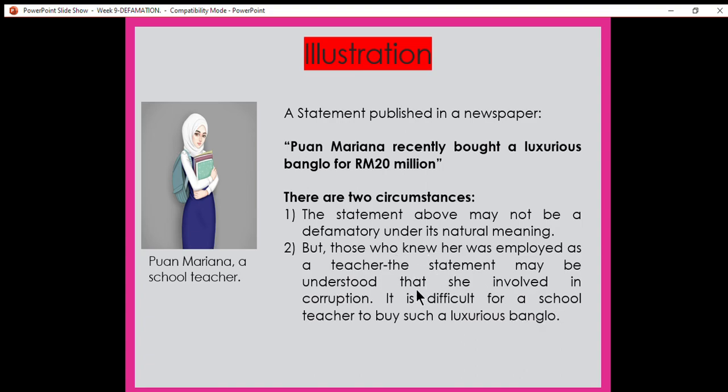So based on the second circumstance, they compare with the salary obtained by Puan Mariana. How could she possibly buy a luxurious bungalow for 20 million ringgit? Alright, so this statement can be regarded as defamatory in its natural meaning according to the second circumstance.